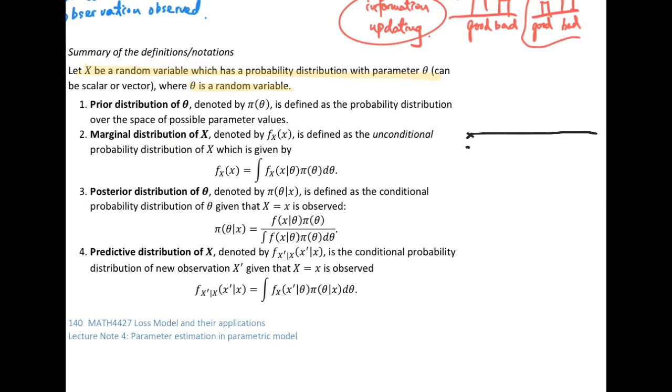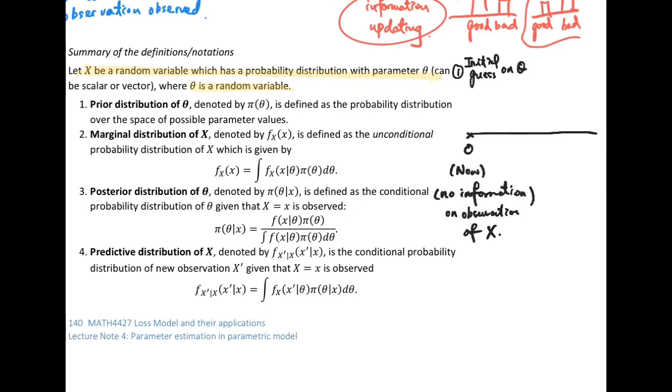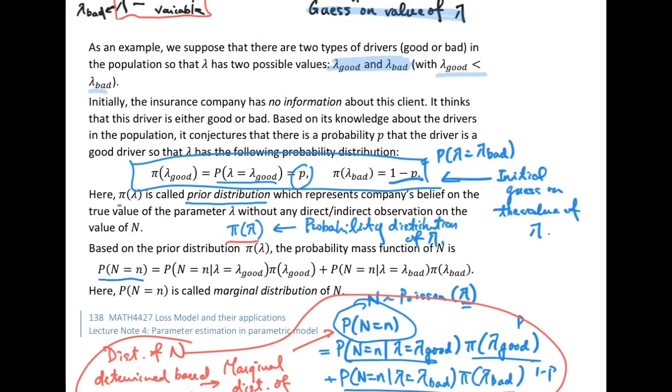First of all, initially, you don't have any information on the observation of S. Remember, in the initial stage of your Bayesian analysis, you first try to make an initial guess on the lambda, on the theta. That means you first assign a probability distribution on this parameter, just like what we did in the earlier example, based on the knowledge that you have.